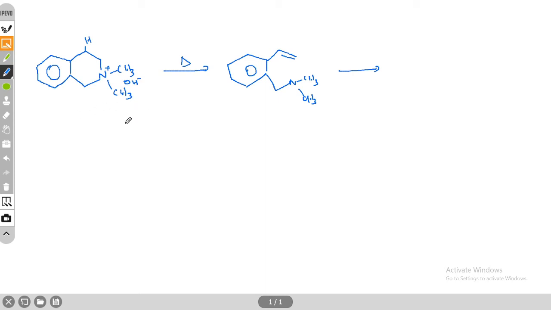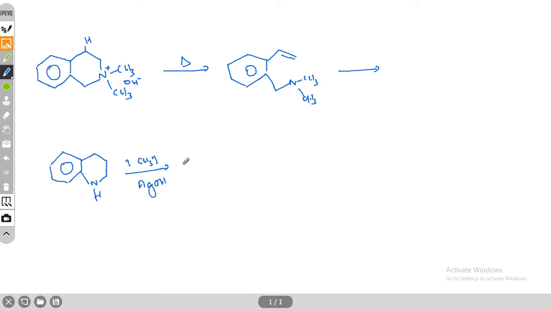Another example is in the case of a quinoline derivative. In the case of quinoline, there is also such a problem. NH. This is a quinoline derivative. This ring is saturated. Okay. CH3I, then AgOH.